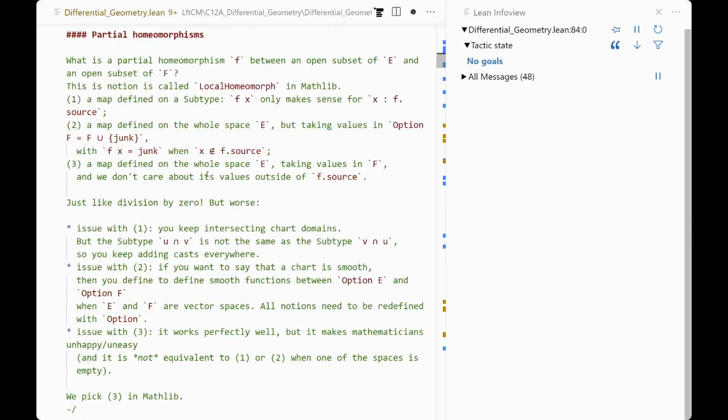And so what we actually do in Mathlib is something even, well, mathematically maybe even less elegant. And that is f and f inverse are just maps on all of H and all of M. And we only care about what f does on the set S and what f inverse does on the set T. And outside those sets, they can do arbitrary things.